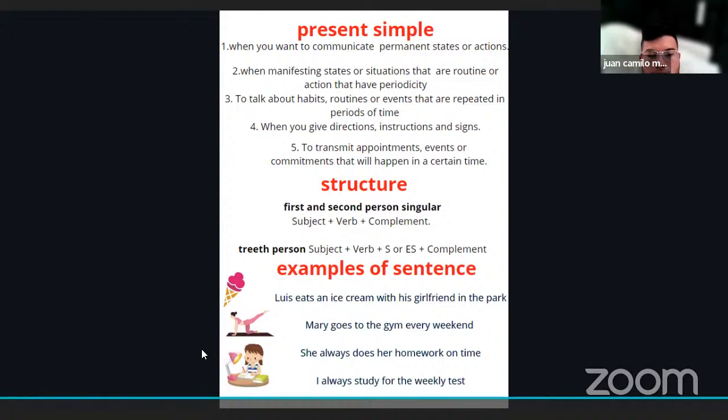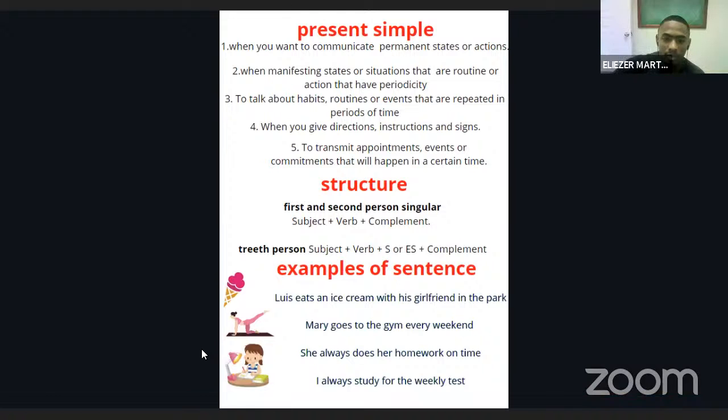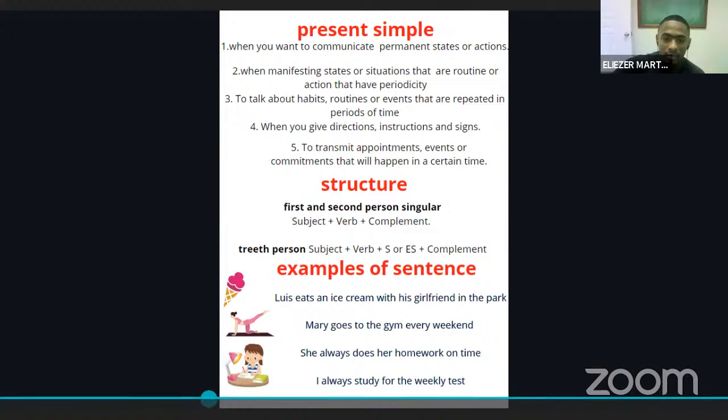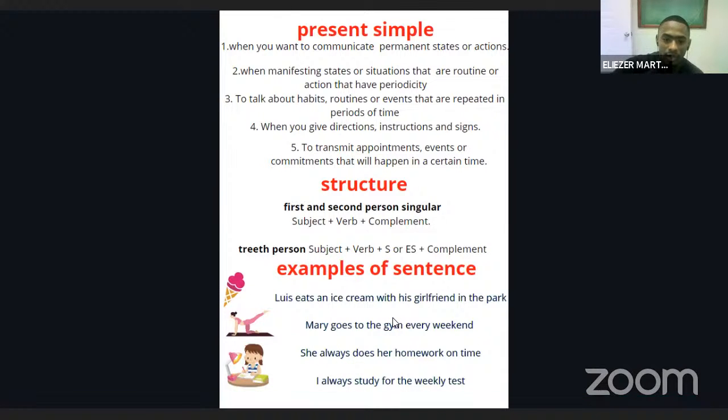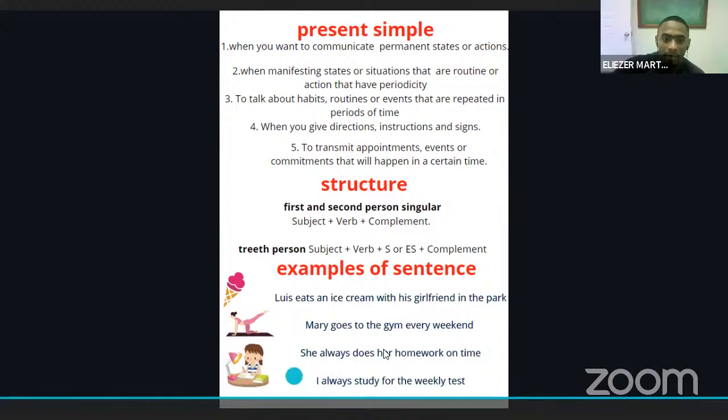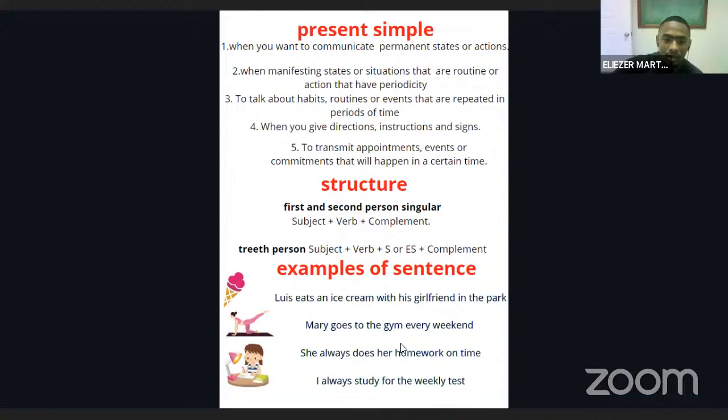Luis is the subject. Eats is the verb. But we are speaking about Luis. Luis is a third person. For that, we need to add es to the verb, because we are talking about Luis.